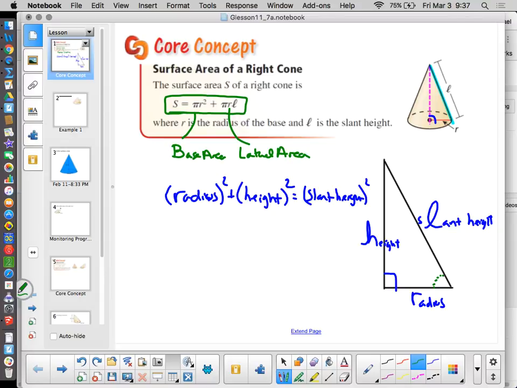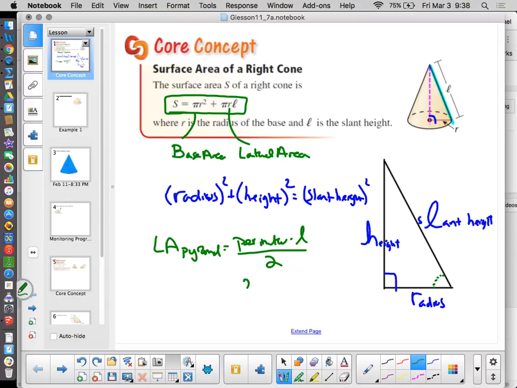I guess that is a correct formula. I paused for a second there because the way I'm used to doing this is the lateral area for a pyramid is usually the perimeter of the base times the slant height divided by 2. That's the formula I'm used to using.